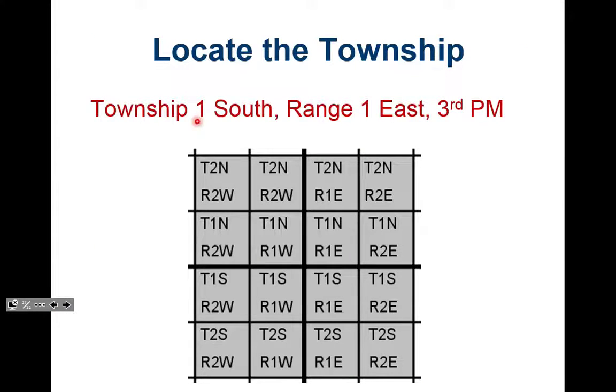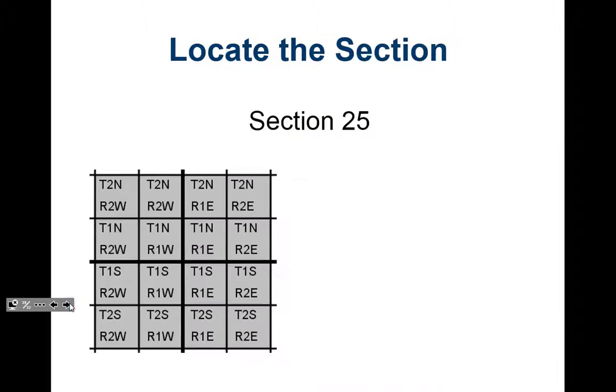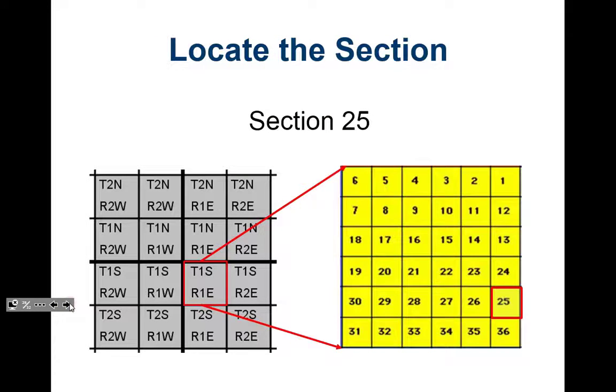And let's see, Township 1 South. Just before I click it, see if you can find Township 1 South, Range 1 East of the third principal meridian. Remember, this would be our principal meridian, that darker black line right there. And from that, we need to find section 25.